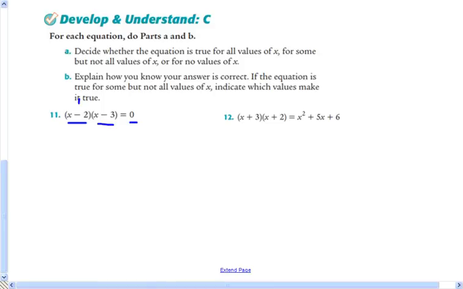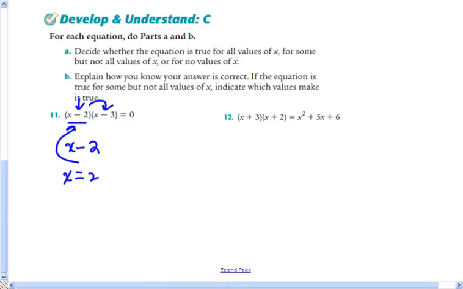So if this expression, x minus 2, was equal to 0, then when we multiplied it by this, no matter what that is, the whole equation would equal 0. Just think about that for a second. Is there a number that we can subtract 2 from to get 0? The answer is 2. If x is 2, then x minus 2 is 0, and then 0 times this would equal 0.